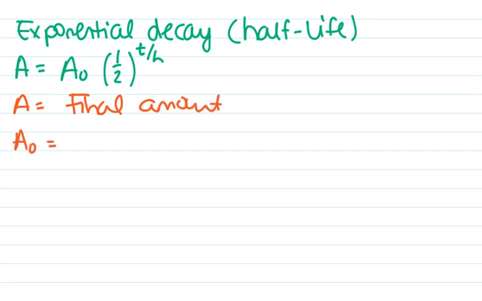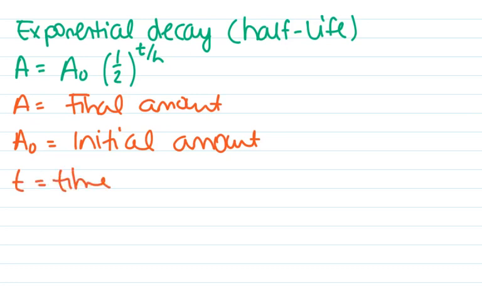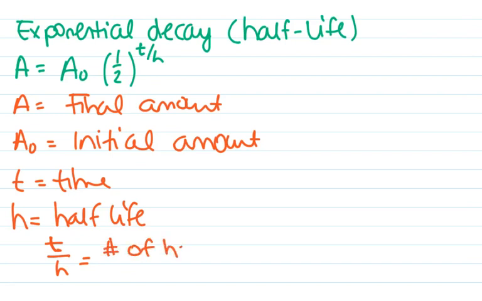A0 is the initial amount again, where time is 0. T is time, and H is half-life. And again, T over H is the number of half-life periods.